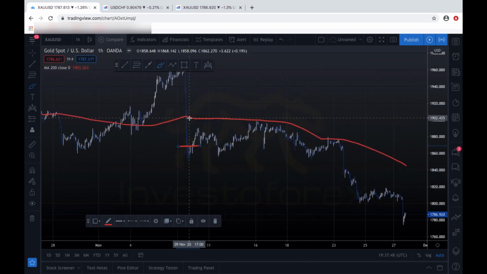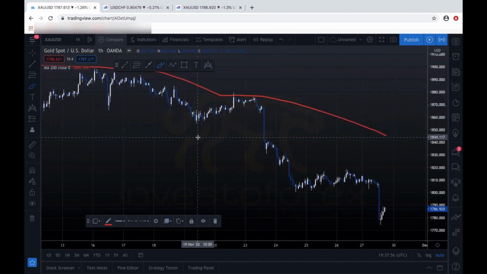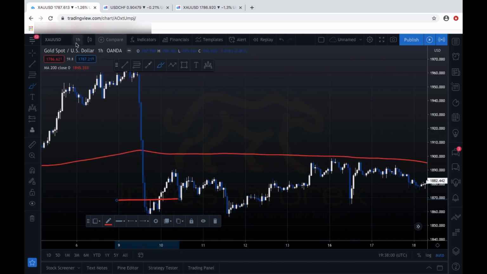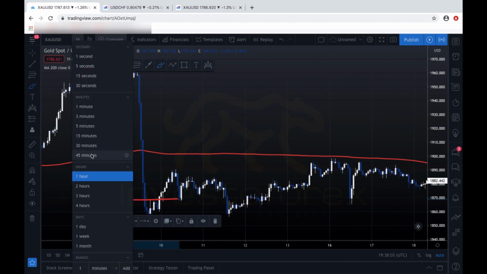Here it is. Here's a breakout. We can see better what's happening in detail as we go to a smaller time frame.